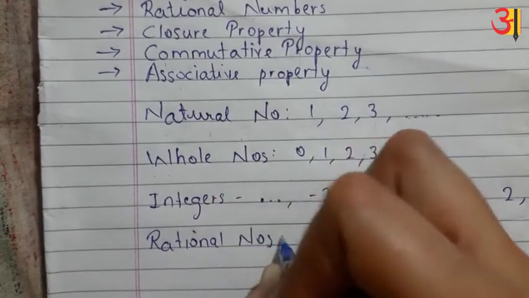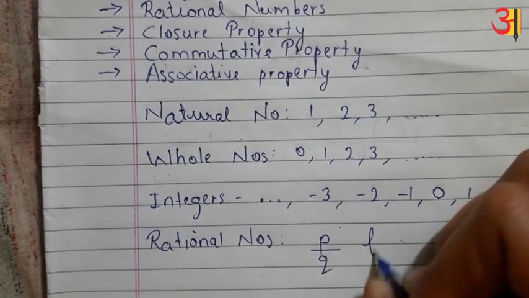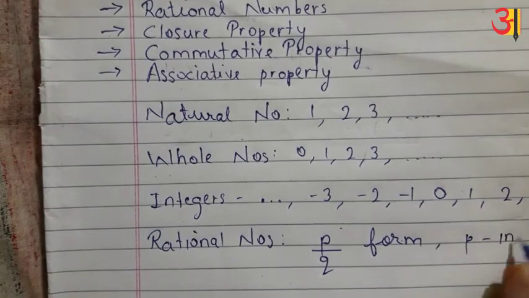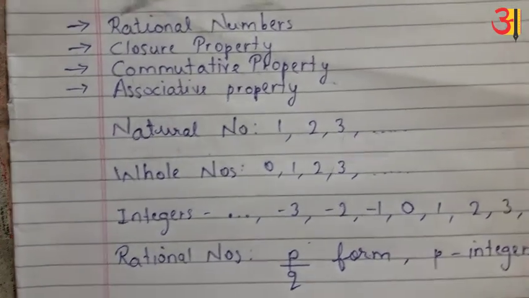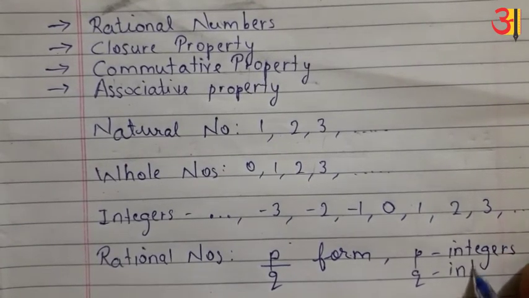Now, starting with the definition, rational numbers are usually of the form P upon Q, in which P is an integer and Q is also an integer.